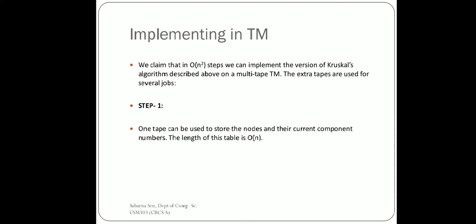Component numbers means one node and the connected edges, because if we consider one node, where we will move from that node depends on the weight of the associated edges. In the case of Kruskal, that's why we need to store this. Now since we know there will be n nodes, what can be the length of the table? It will be order of n only, right?